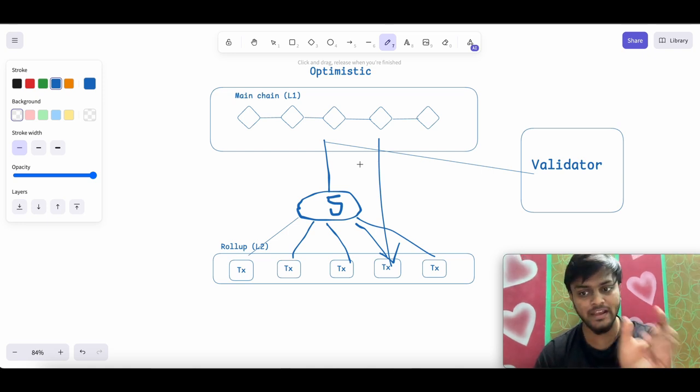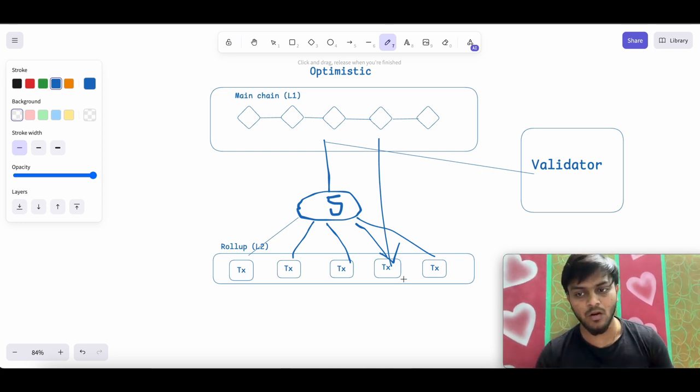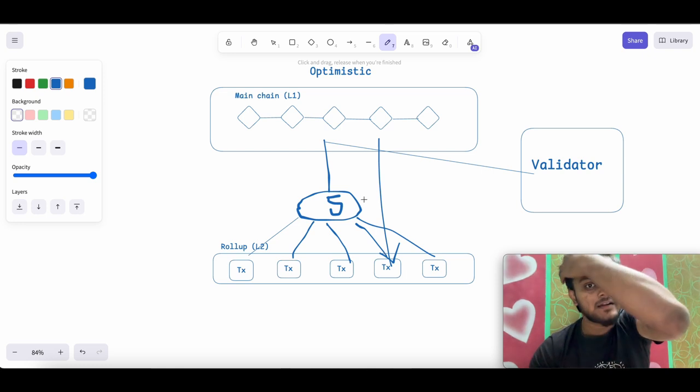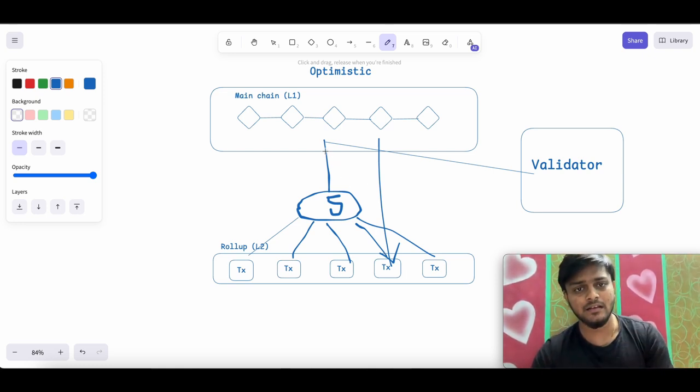If they find any transaction is not valid, they will submit a fraud proof to L1. L1 will take that particular transaction and revert it back to layer 2. And only after the challenge period will the transaction get confirmed in the block. Okay, it becomes somewhat slower.